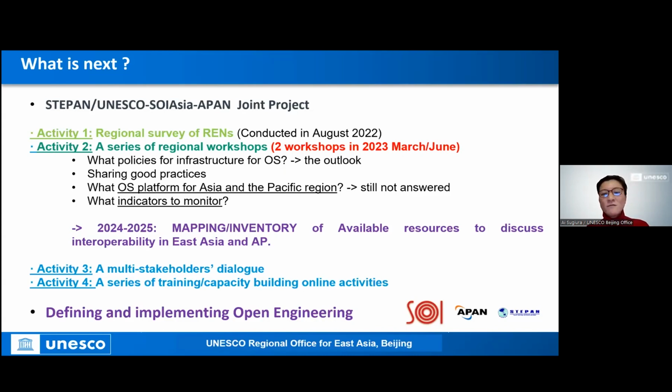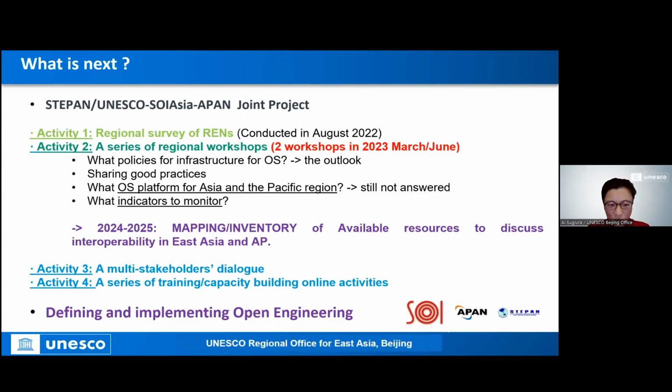Our region is very different from other regions, right? So do we need one? If yes, what would be the features of an open science platform? It shouldn't be just a repository or something like this. So what do we envision altogether for that? And what are the indicators for us to monitor the implementation?